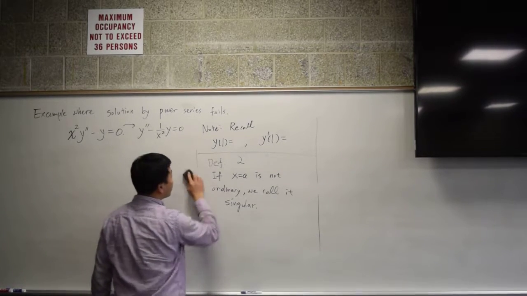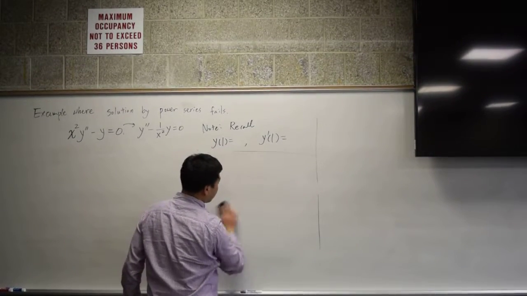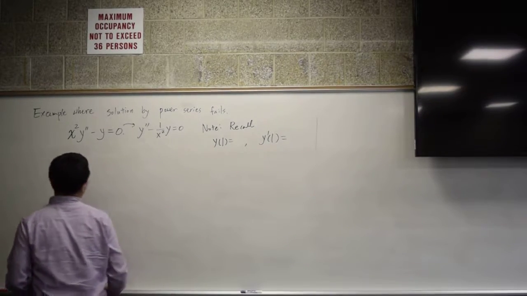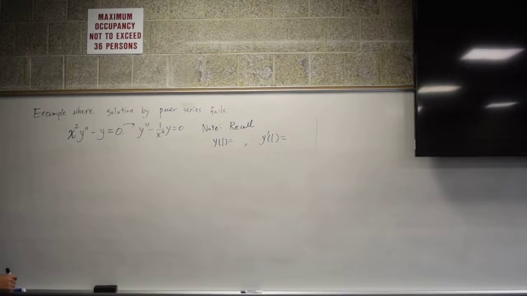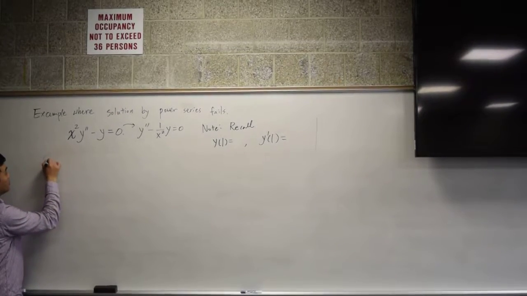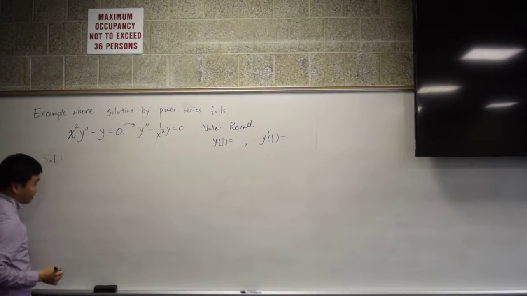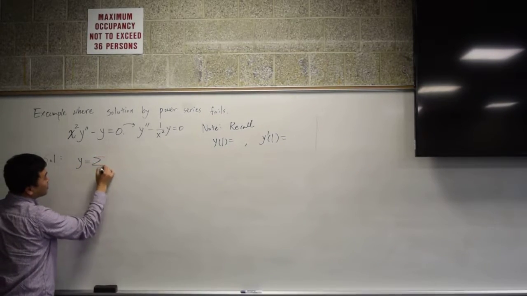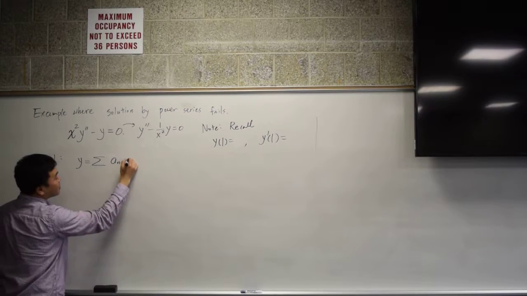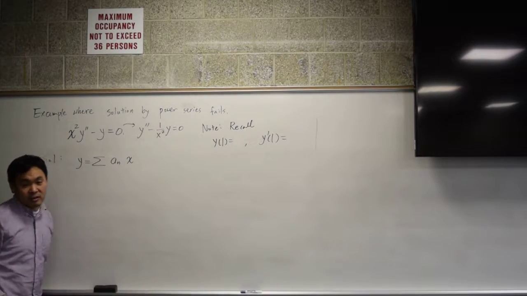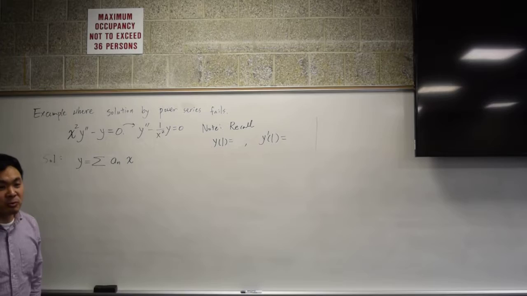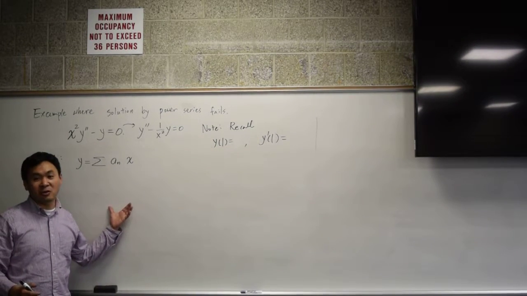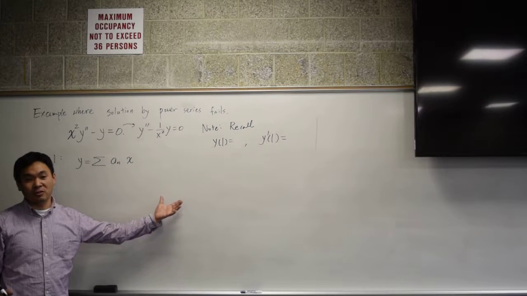The first approach is the following. The first approach is to say y is equal to sigma of a_n, instead of putting x to the n, you might recall from calculus 2 that there was this thing called Maclaurin series and there was the Taylor series.